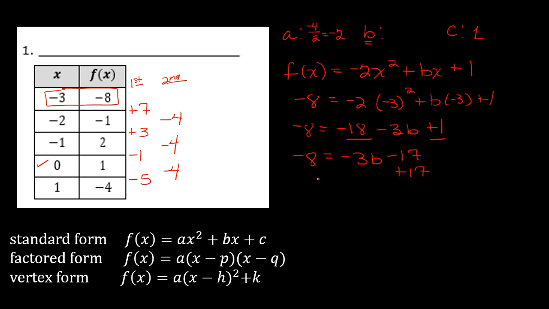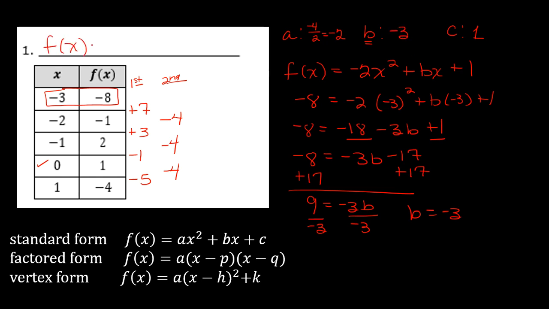We're going to add 17 and divide by negative 3. And my b value is negative 3. And our standard form is negative 2x squared minus 3x plus 1.